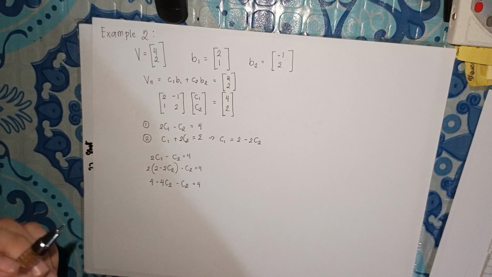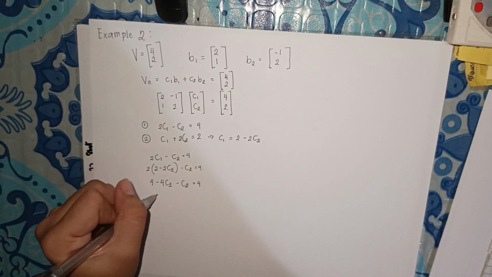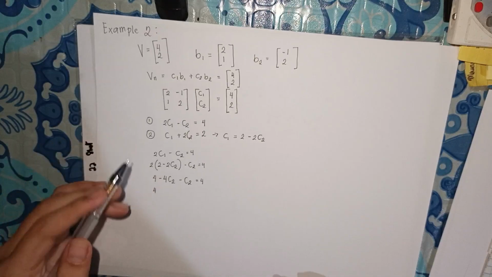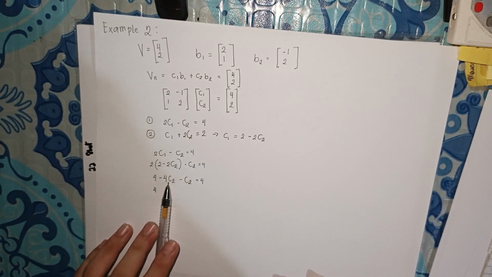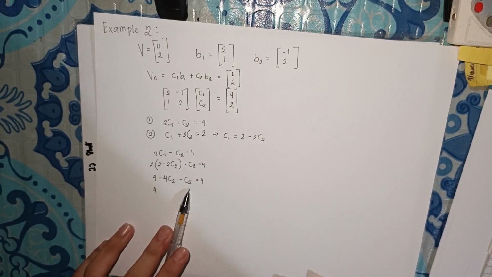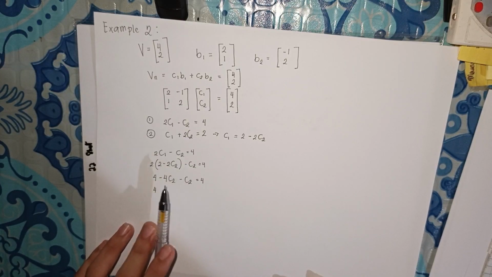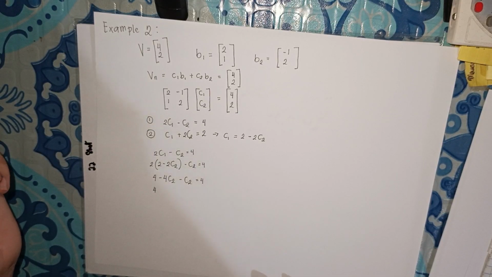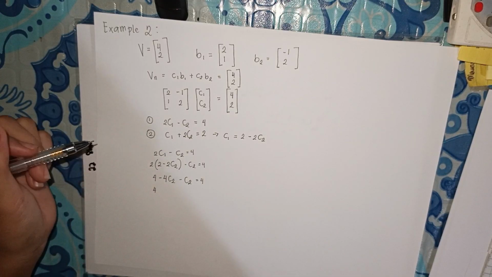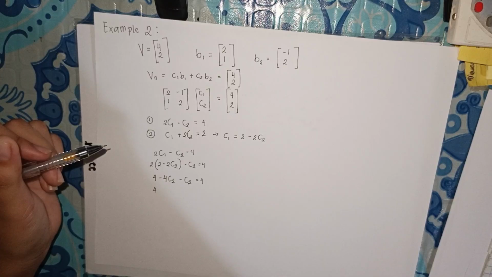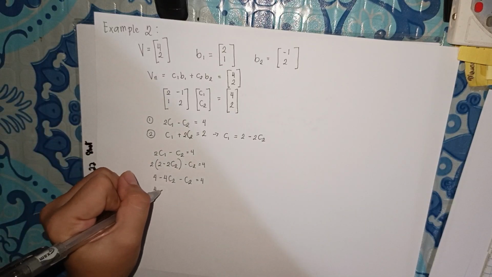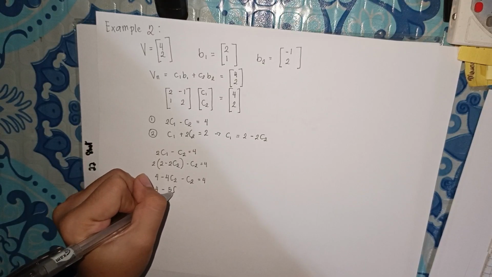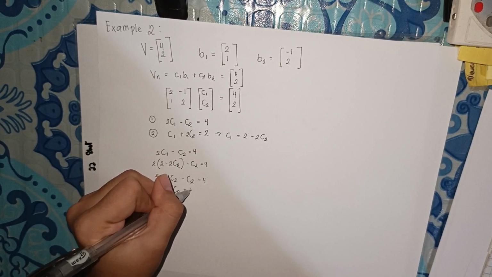The next is to combine like terms. So 4, then negative 4 C sub 2 minus C sub 2, since they have the same sign, we add them. So negative 4 C sub 2 minus C sub 2 is negative 5 C sub 2, is equal to 4.